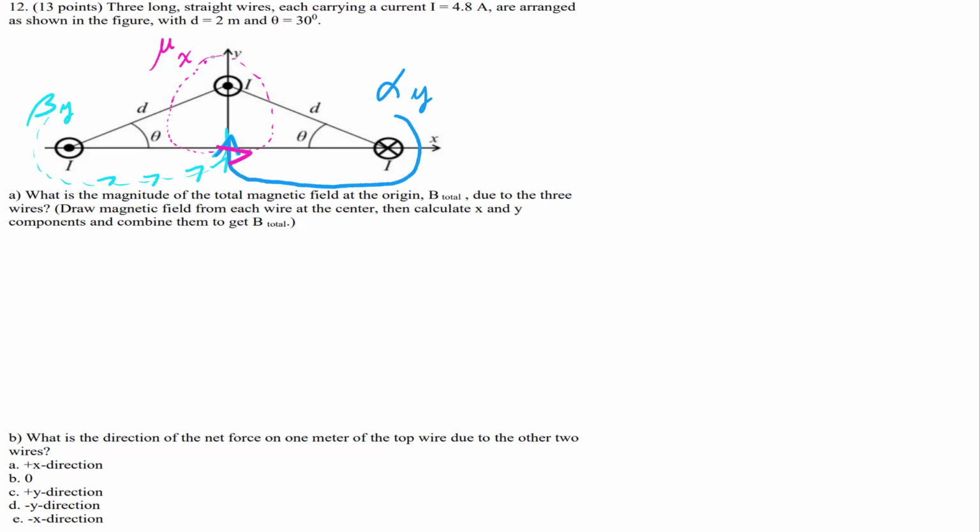So this is pretty nice, isn't it? We realize that beta goes in a counterclockwise direction, alpha goes in a clockwise direction, but they're going to meet up at the origin and go in the y direction, only in the y direction. There's no x direction over here.